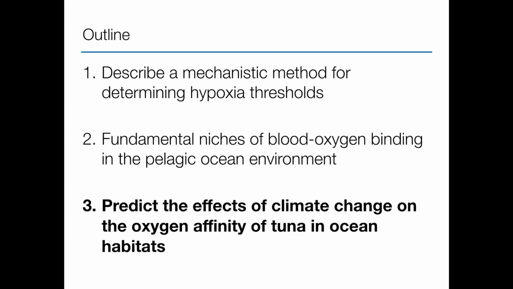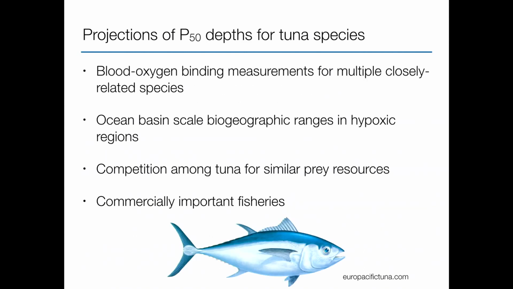So on to talking about tuna. Tuna are a great species for this subject because there are actually a lot of measurements on them. People are really interested. They're physiologically interesting, but they're also a commercially important fishery, so people really focus on them as a species to study.